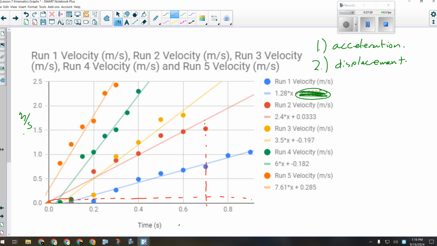Now, how do I find the height of that triangle? Because I feel like I'm going to need that. How do I find what y is right here at 0.7 seconds? Is that formula set up to calculate y?